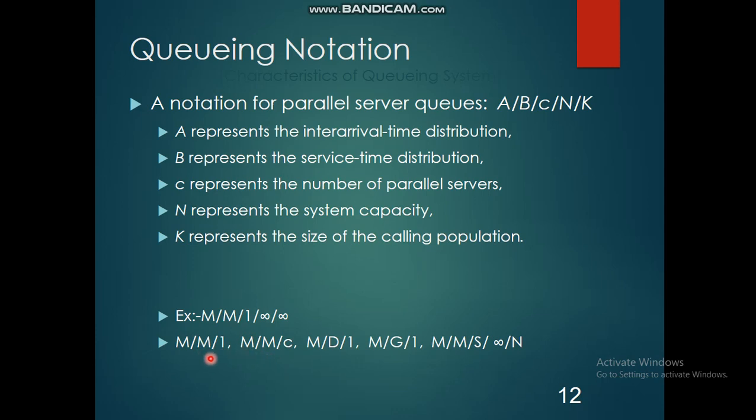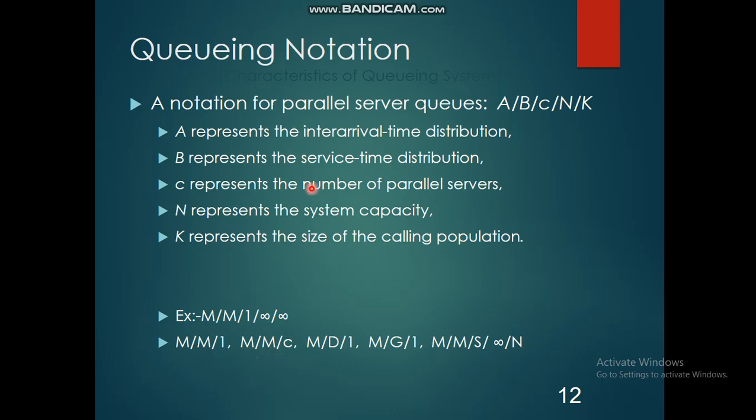This is showing a simple system. For example, if you consider a customer service desk in any store, in that system the number of customers may be any number. You cannot predict it, so we consider it as infinity. But only one server will be there, one shopkeeper, so the number of servers is only 1. Another example is m/m/C. This C can be equal to 2, or 3 or 10, depending on the condition.